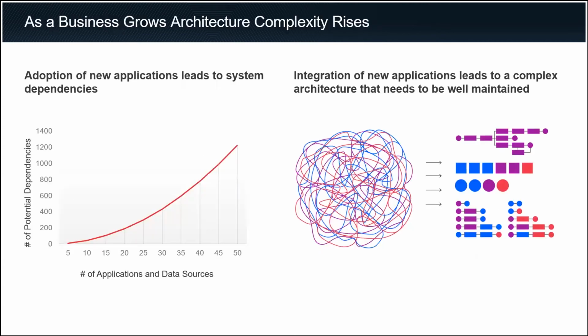Okay, this next slide is quite a cool slide for me. It has a few basic illustrations, but it really gives you an idea of exactly what the impact is. If we look at the illustration on the left, more data sources inevitably lead to more potential dependencies between those sources, and this can mean a very complex architecture. You must be aware of the cost of the complexity itself.